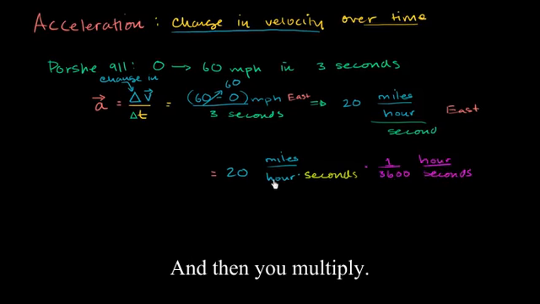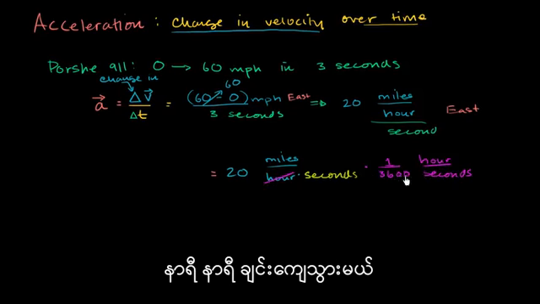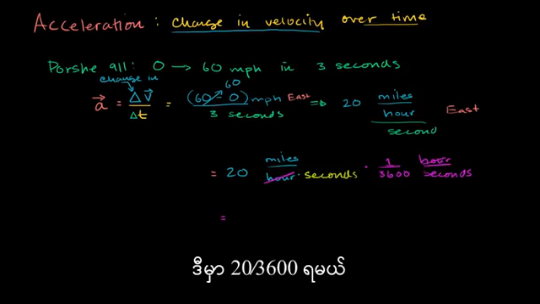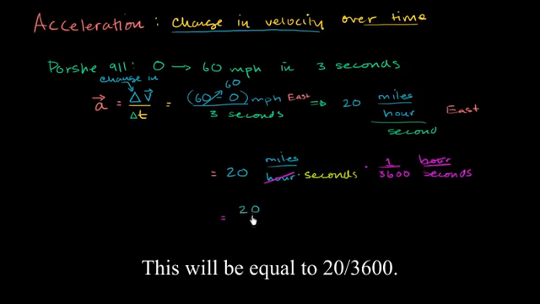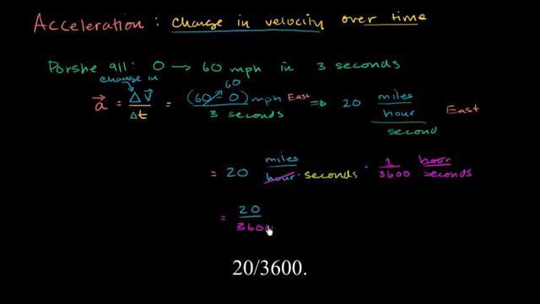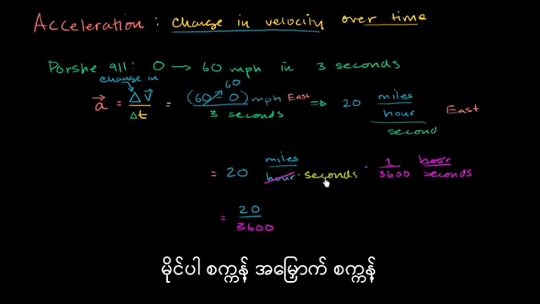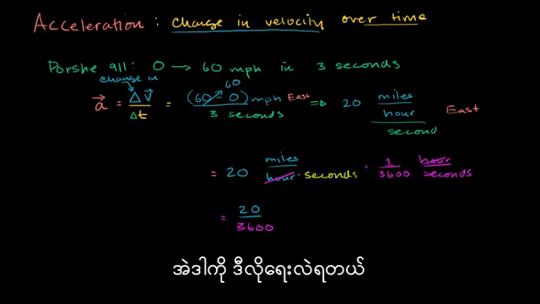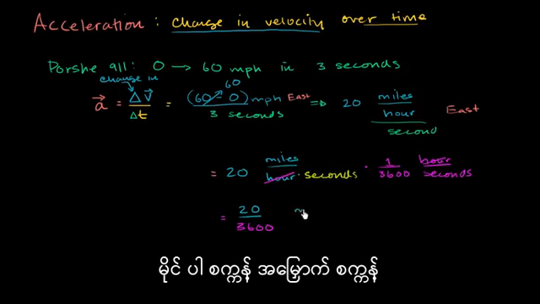And then you multiply. Do a little dimensional analysis. Hour cancels with hour. And then this will be equal to 20 over 3,600 miles per second times seconds.